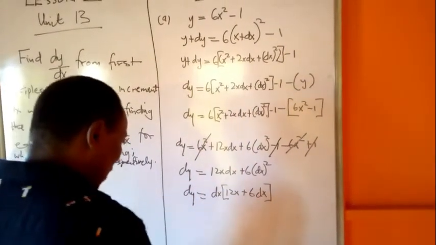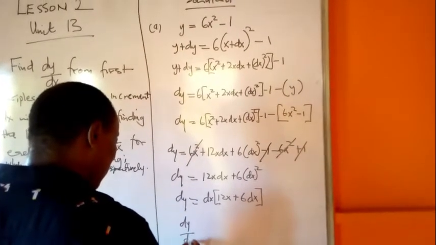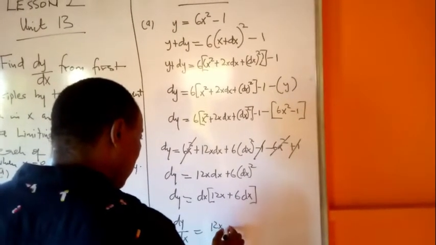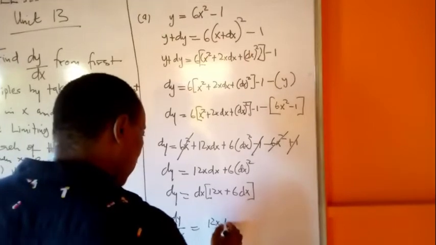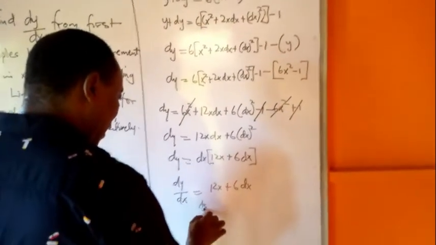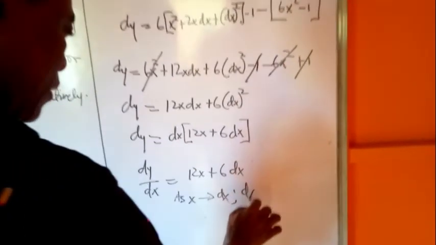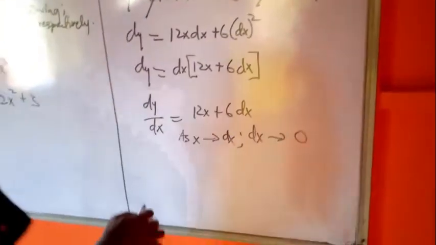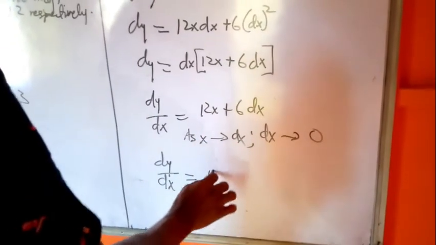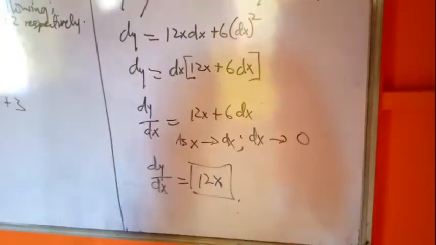Dividing by delta x, delta y over delta x is equal to 12x plus 6 delta x. As delta x tends to 0, dy/dx is equal to 12x. This is it.